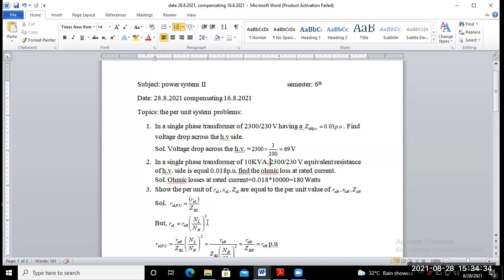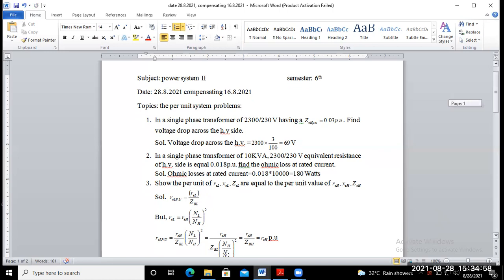So just use that formula and this can be converted: REL equal to REH into NL by NH whole square. So just put here the value of REL in terms of REH.